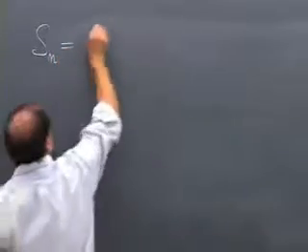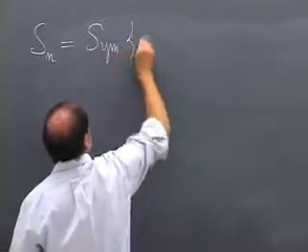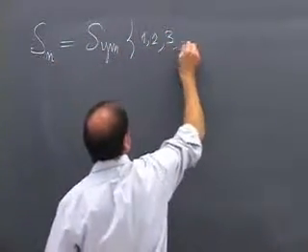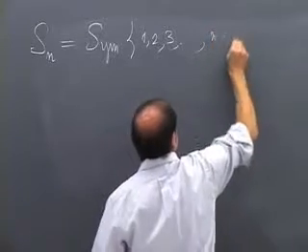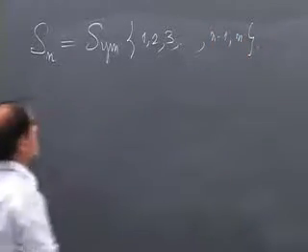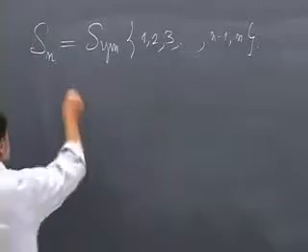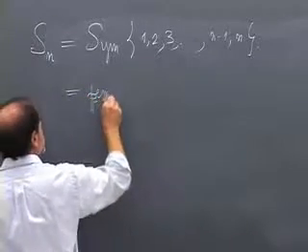So here's a nice group called Sn, which is the symmetry group of the set 1, 2, 3, ..., n minus 1, n. A finite set of n elements. It's sometimes called the permutation group on n letters.